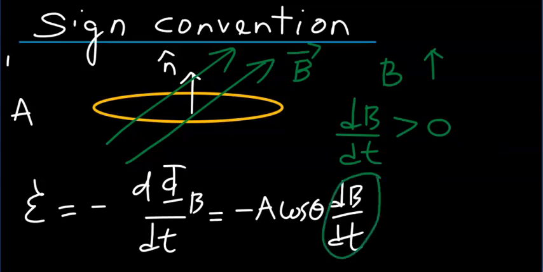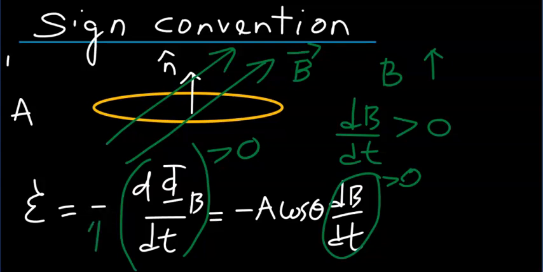Since dB dt is positive because magnetic field is increasing with time, that means this expression alone is also positive. But then you have a negative sign in front of that definition of Faraday's law. That would make, in this example, the induced EMF to be negative.